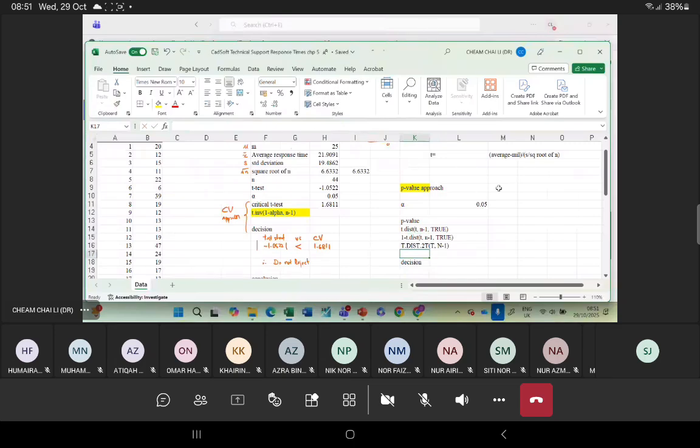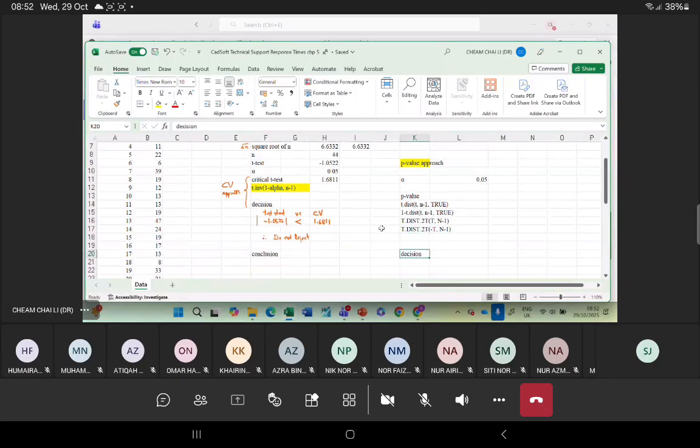Okay, and then this is another one for two tail. 2 times, open bracket, so you have this negative. Right, so for p-value ada beberapa function lah, but you have to choose which one is suitable to be used in your analysis.